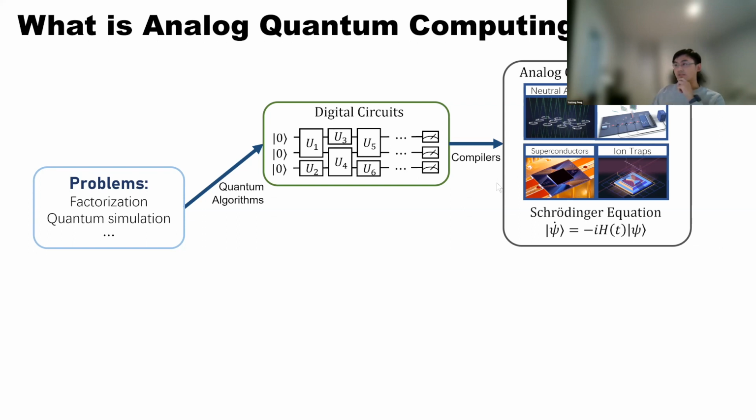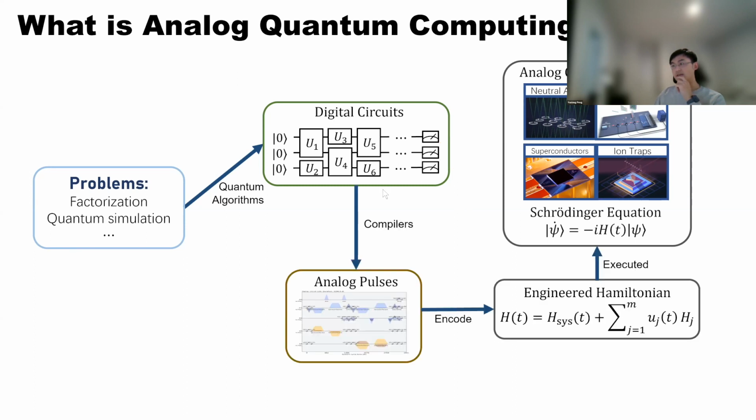In this paradigm, there are a lot of details hidden in the compilers, since you cannot always transpile or compile a quantum circuit into analog pulses in a very efficient way. We can open the box here and see that there are many more steps in the current workflow of compilation from circuit to analog devices.